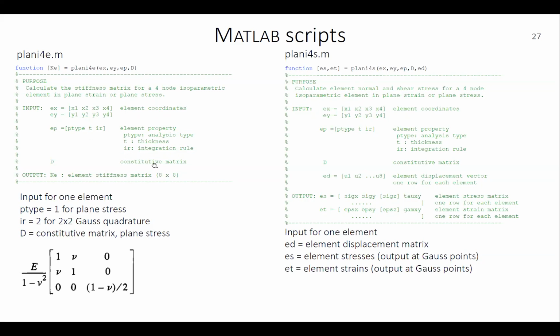T is the thickness, and ER is the integration rule. So for a 2x2 Gauss quadrature, in this specific script, ER is defined as 2. So you have 1, the thickness, and then 2 for full integration of 4Q4 elements.